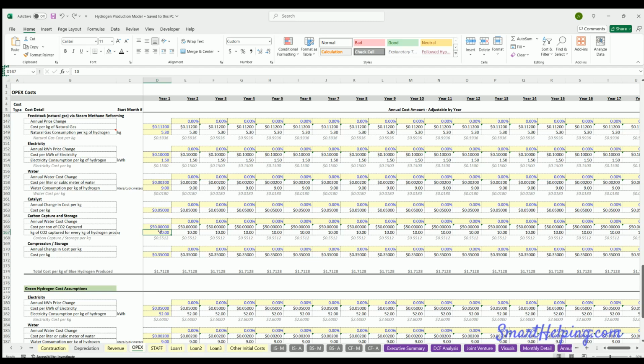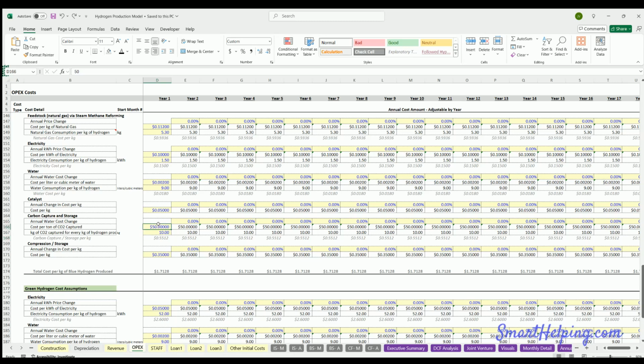So 10 kilograms, and then we're converting kilograms to, we know the cost per ton of CO2 captured, so we're saying it's $50 to capture a ton of CO2. And we're converting kilograms to tons in this calculation here to figure out what's our actual cost, carbon capture cost / storage for each kilogram of hydrogen produced.